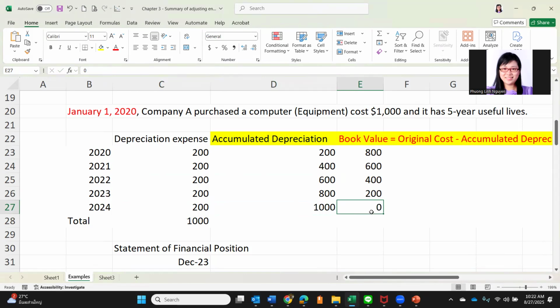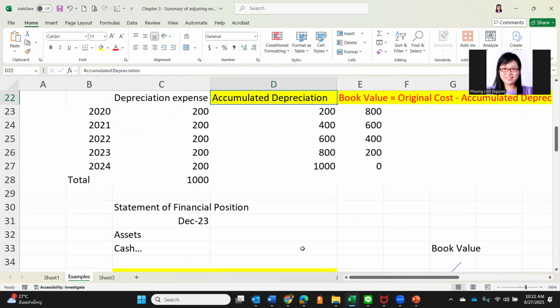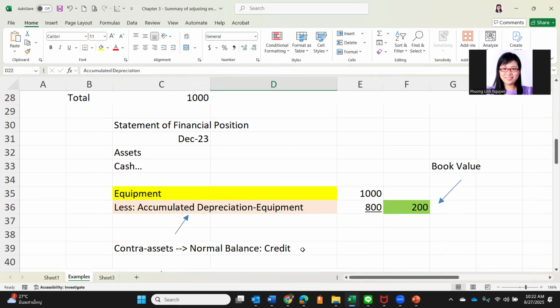So how do we report the accumulated depreciation in the financial statement? You remember the statement of financial position? So we're going to have assets: cash, accounts receivable, supplies, inventory, and so on. And then when we come to equipment, we're going to report the equipment.